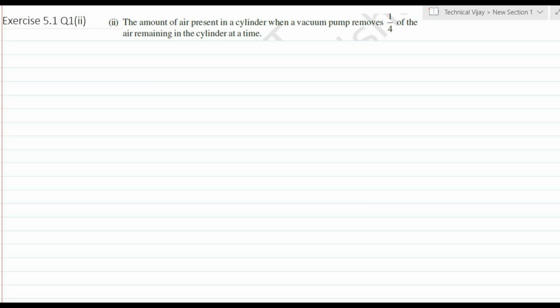Here is the amount of air present in a cylinder when a vacuum pump removes 1/4 of the air remaining in the cylinder at a time. Some volume of air is present in the cylinder. Let us assume the air present in the cylinder is 16 liters. You can assume anything.